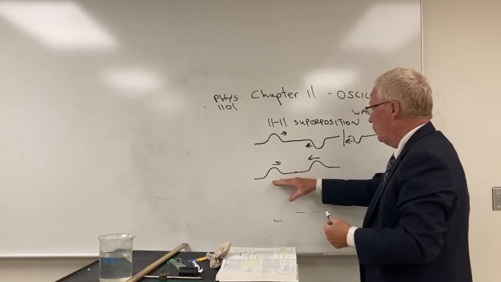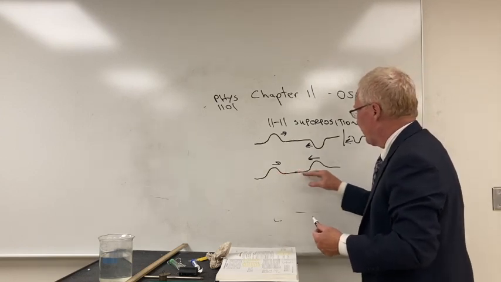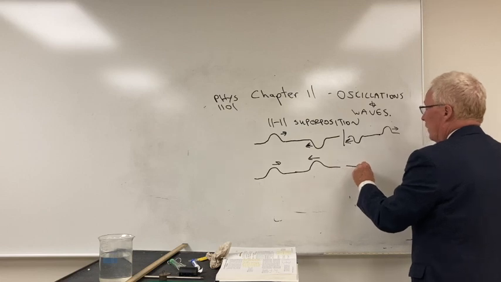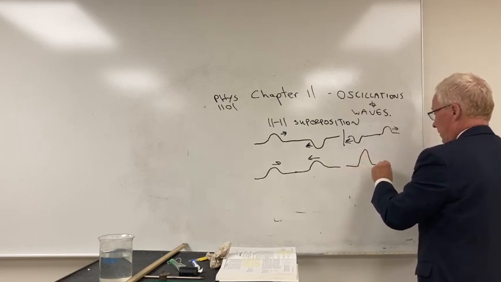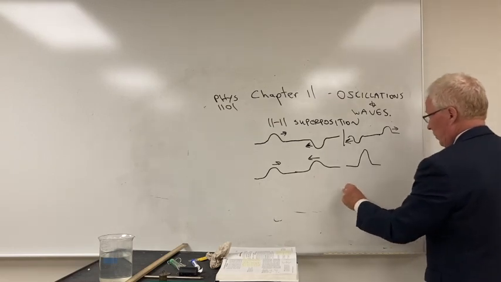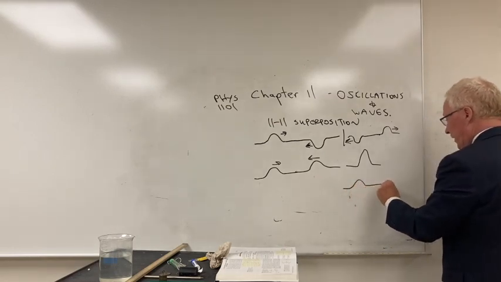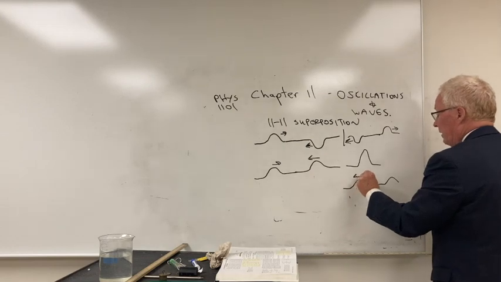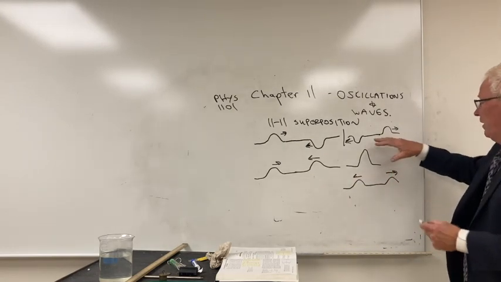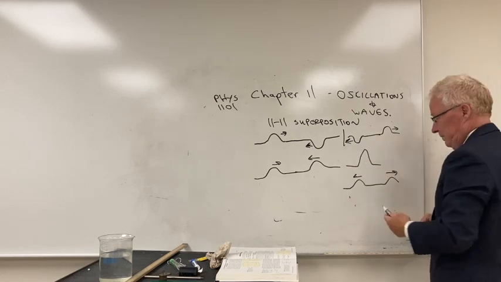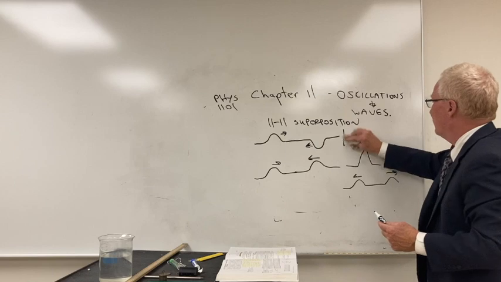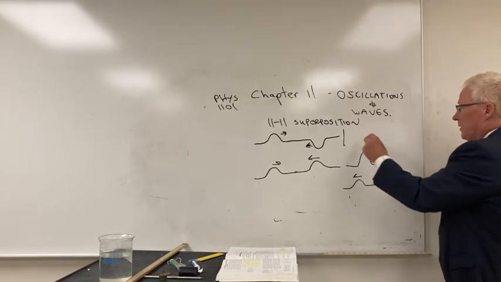Now if I see two that are the same direction, these will actually add together, and then afterwards they'll look the same, but one will be going that way and the other will be going this way. What we call here, when they cancel out at this point, we'll get into this a lot when we do sound and light.